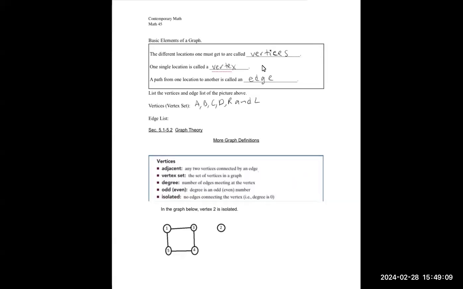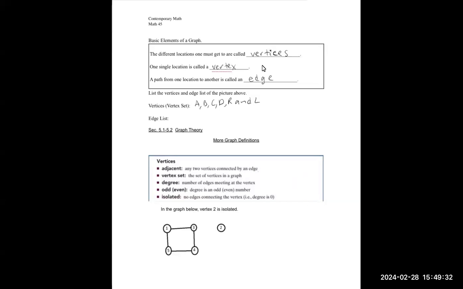And I'll show you an example of it. And then also isolated. When a vertex is isolated, that means no edges are connecting to that vertex. An example is the picture that we see below here. See 2, there's no edges connecting it. So we couldn't get there. So it's isolated.